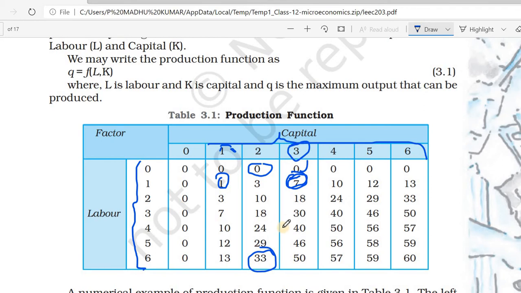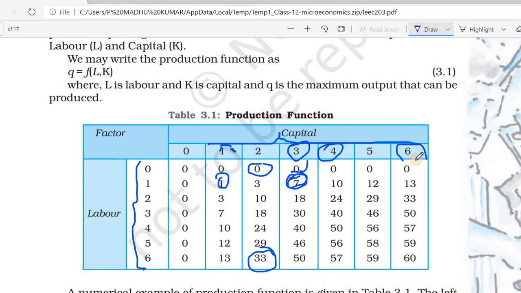can make more products. Here, when capital is 4, we can see values like 10, 24. When capital or labor is increasing, production is also increasing.